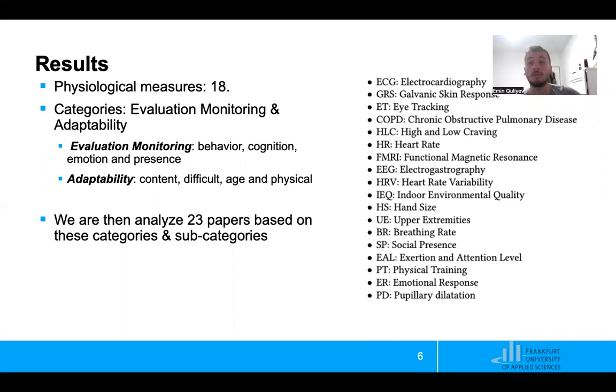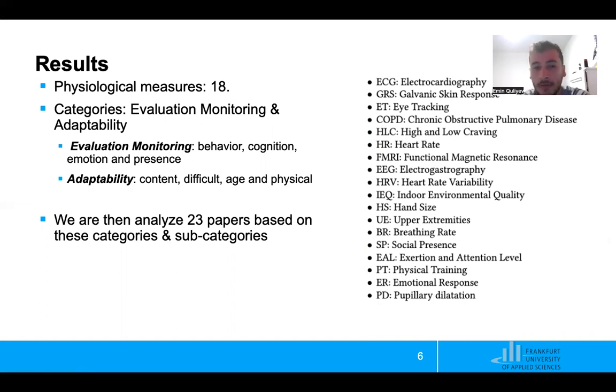And also we have two main categories. First of all is evaluation monitoring and adaptability, and both categories have their own subcategories. In evaluation monitoring, we have behavior, cognition, emotion, and presence. In adaptability, we have content adaptability, difficult adaptability, age adaptability, and physical adaptability.